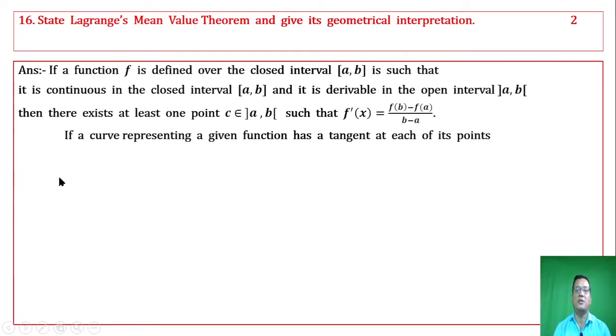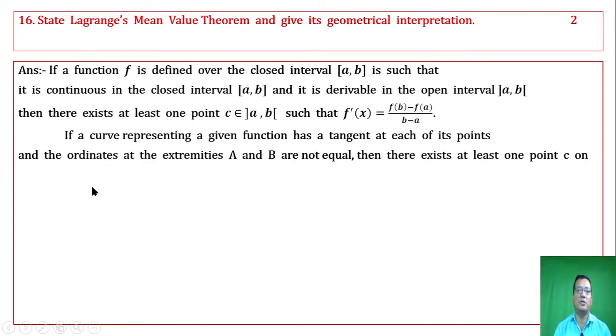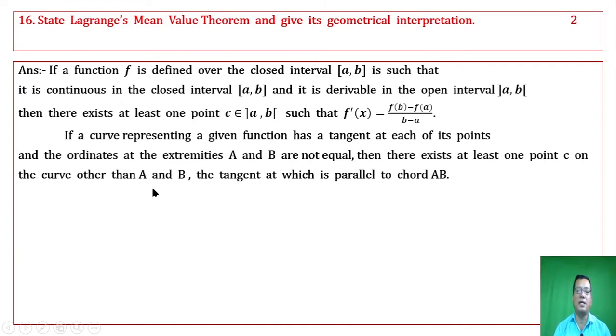Its geometrical interpretation is: if a curve representing a given function has a tangent at each of its points and the ordinates at the extremities a and b are not equal, then there exists at least one point c on the curve other than a and b, the tangent at which is parallel to the chord AB. This is the geometrical interpretation of Lagrange's mean value theorem.